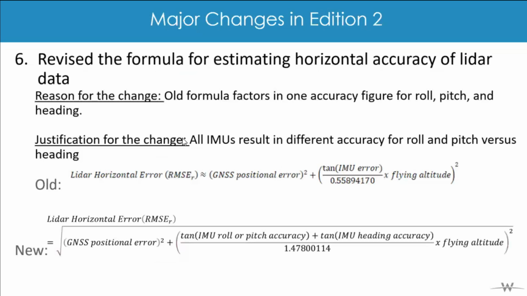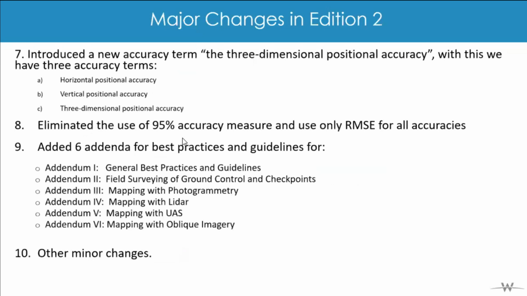And I talked about this one, the horizontal accuracy for LiDAR data or elevation data. A major change also, we added the 3D accuracy. So we have horizontal accuracy, vertical accuracy, three-dimensional accuracy, and we removed the 95% accuracy measure.